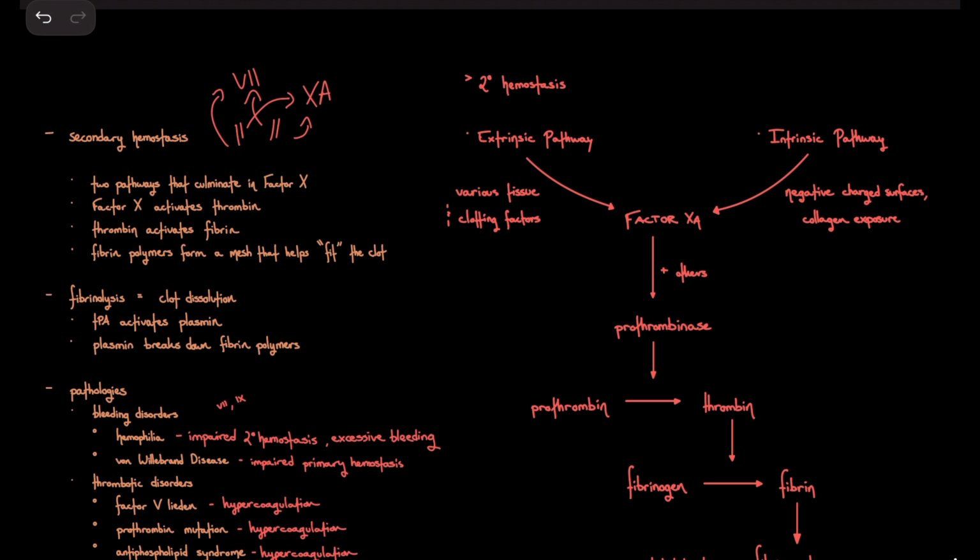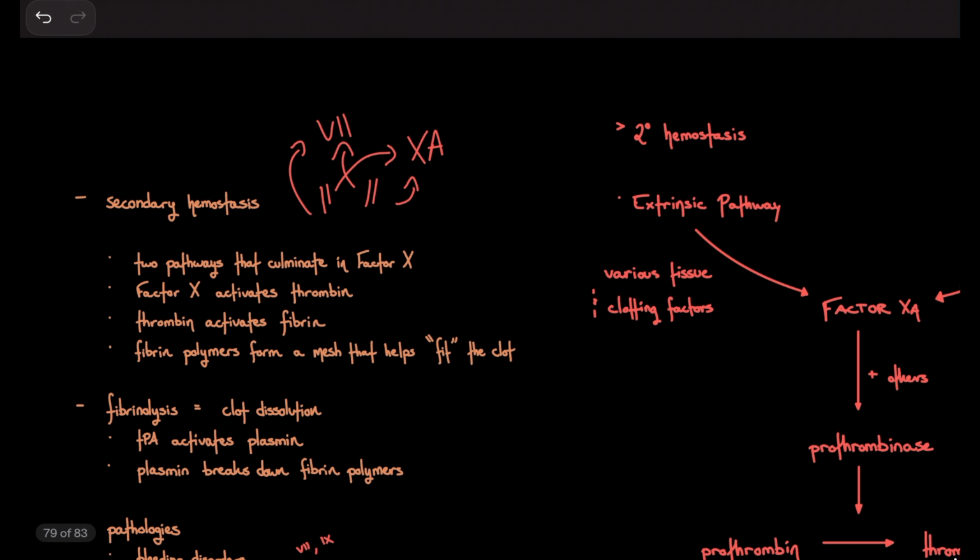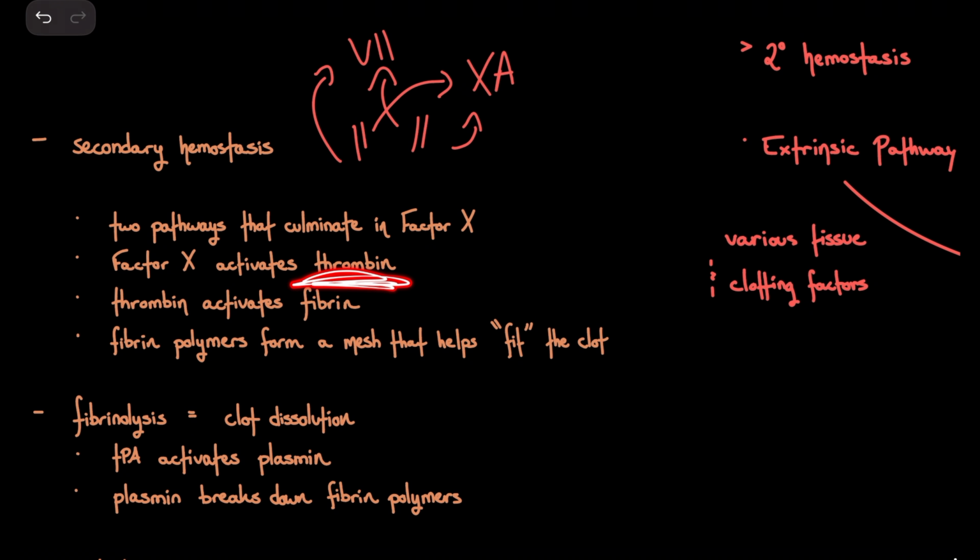What I do want you to know is that all of that communication eventually culminates in factor X. That's one of your clotting factors, factor X. Factor X is super important because it activates something called thrombin. Why do I care about thrombin? Well, thrombin is super important because it activates fibrin. And fibrin is a really helpful molecule because it forms a polymer.